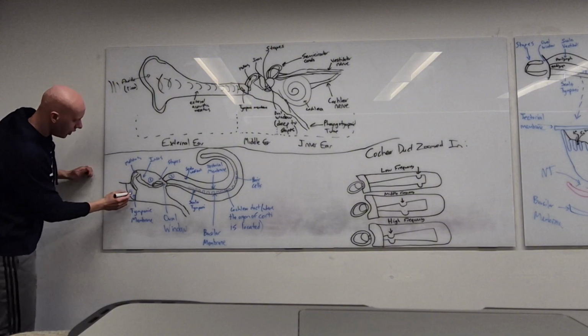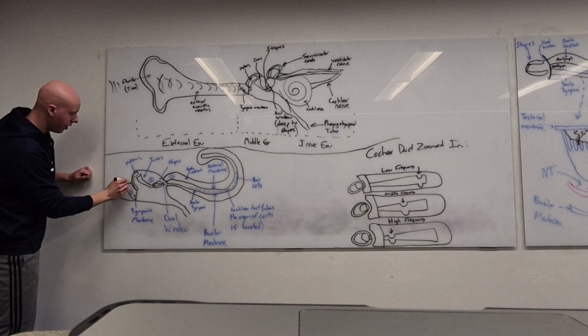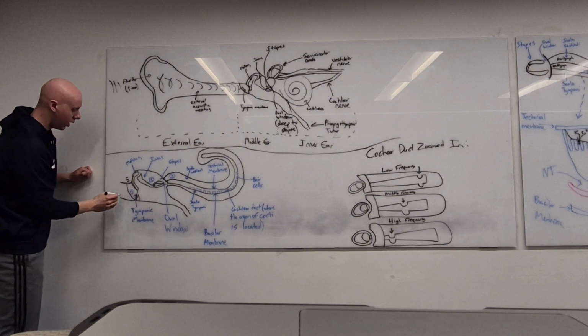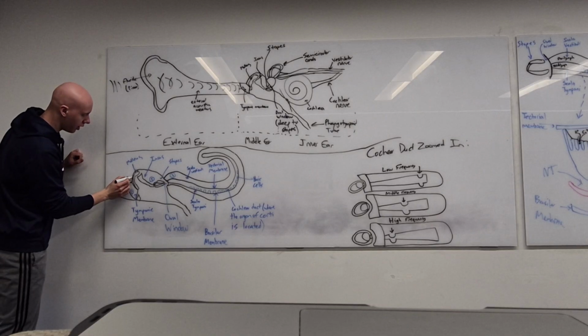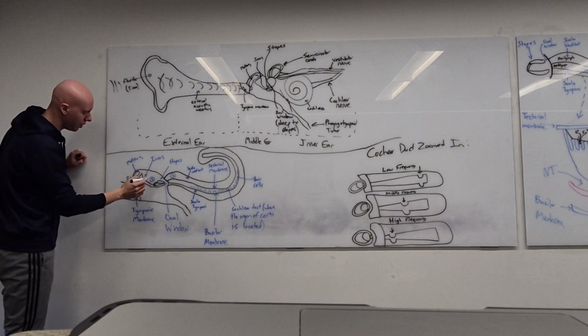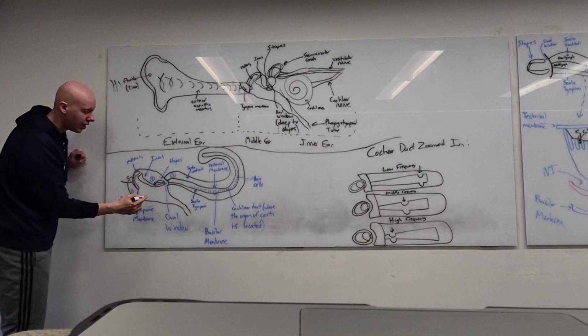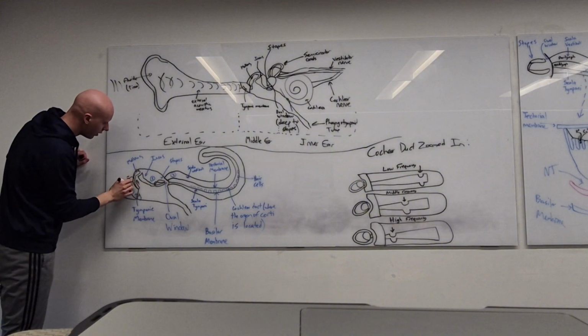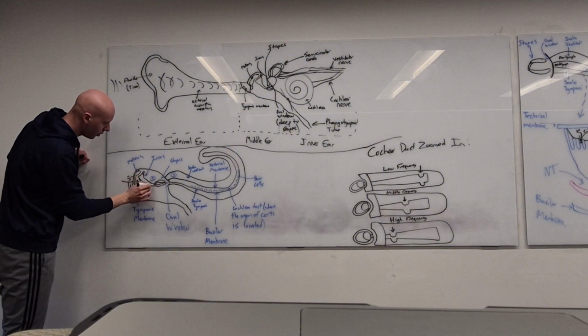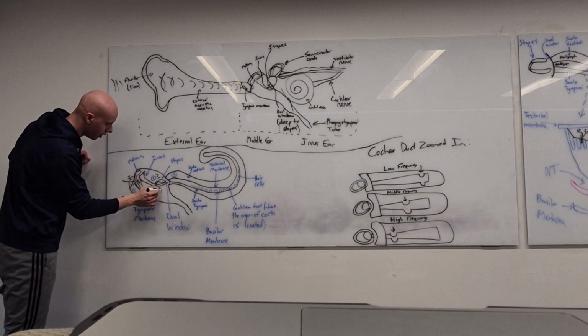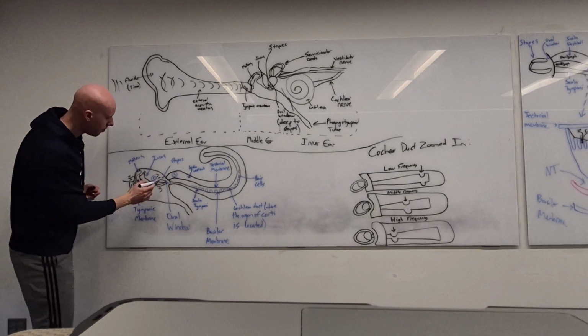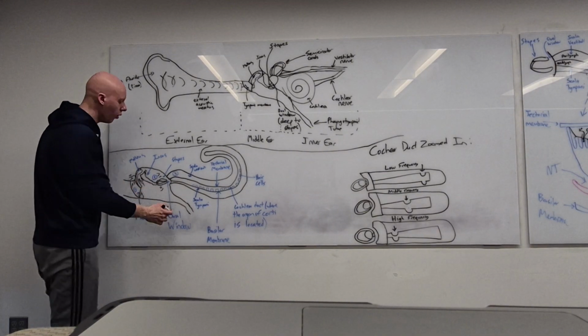Okay? And so this eardrum is going to vibrate, and it's going to shake the malleus, incus, and stapes. And the malleus, incus, and stapes are going to vibrate at the same time with the same frequency. And the stapes is going to push the oval window.